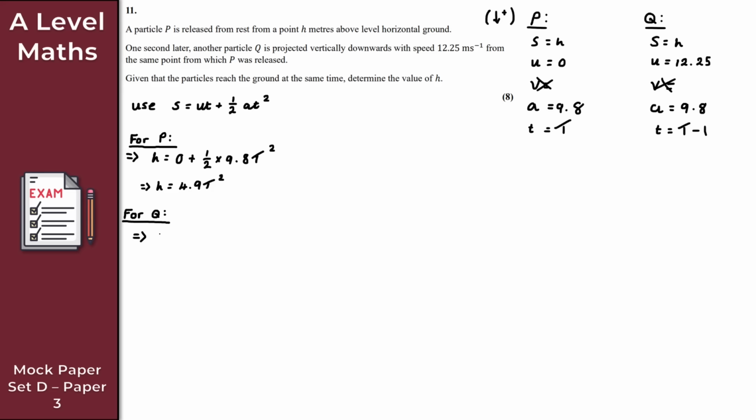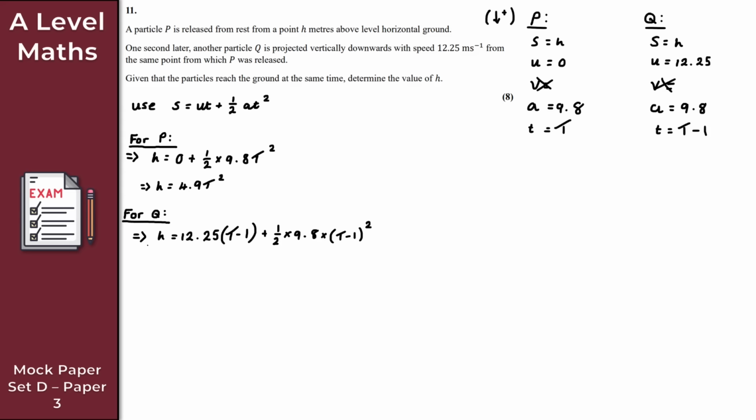So h is equal to ut, where u is 12.25 and t is t minus 1, so 12.25 times t minus 1. Then I've got a half times a, which is also 9.8, times t, which is t minus 1, all squared.